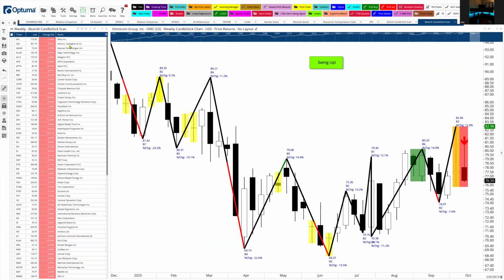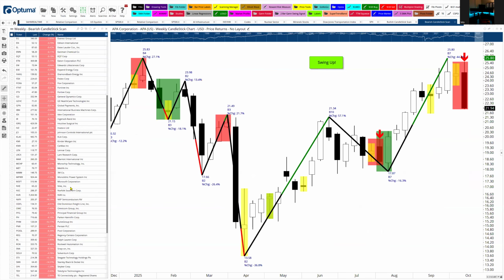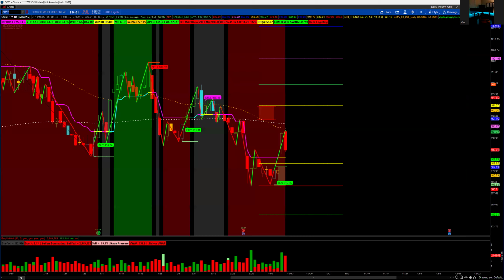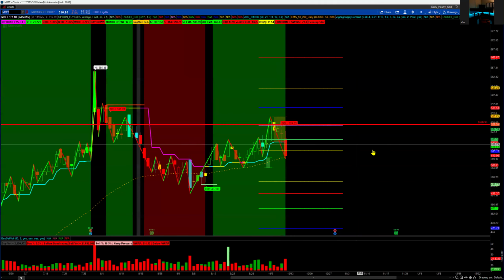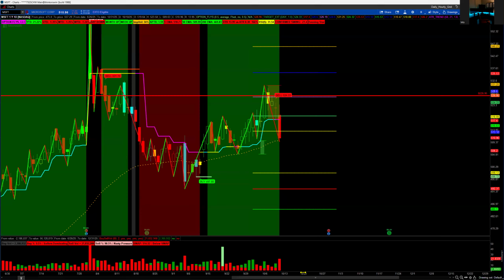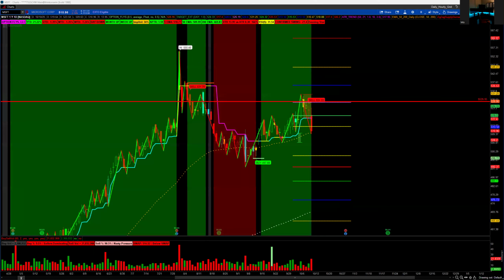Okay, so what we have, the top one is Microsoft. This one already had a sell signal. Microsoft has a sell signal as well. Yeah, right there. Microsoft has a little bit more. You see right there, there's a 3-way move. It's a 3-way move.